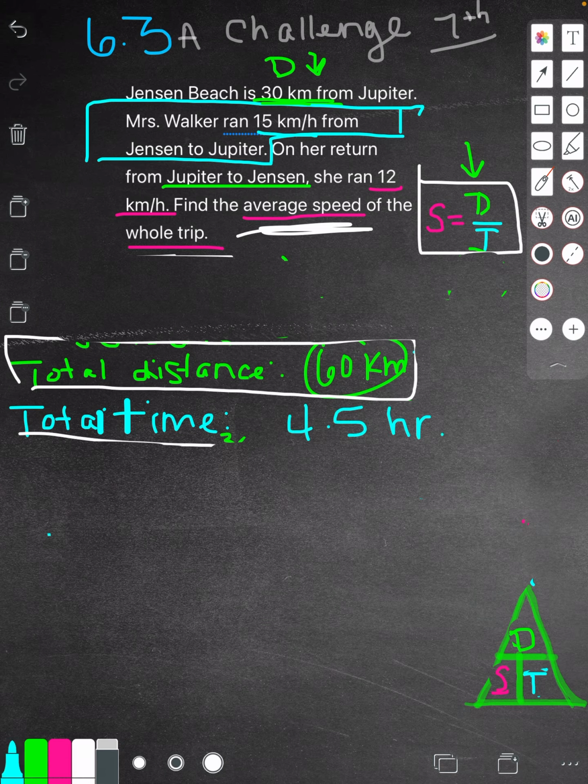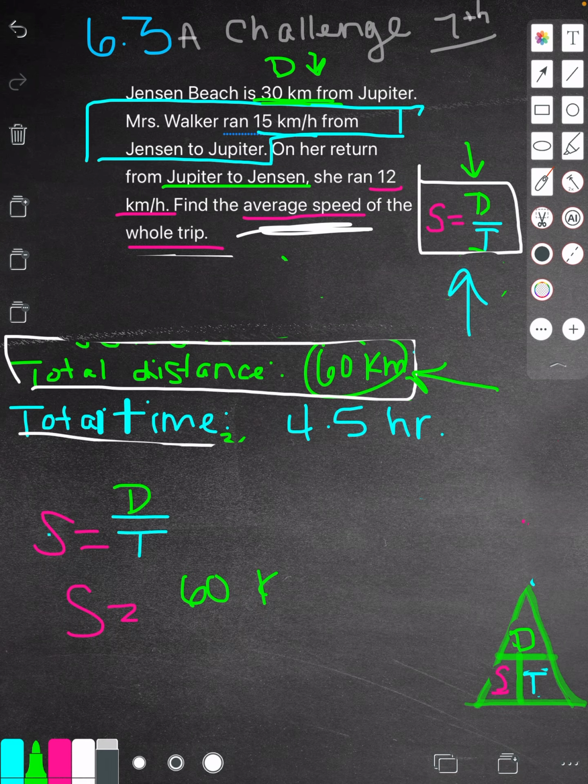All right, so remember we are looking at this formula up here on the top right. We want our speed, and that is going to be our distance over our time. Let's rewrite. Speed equals distance, which is in green here. Our total distance is 60 kilometers, and our total time, because we need it over time, is 4.5 hours.